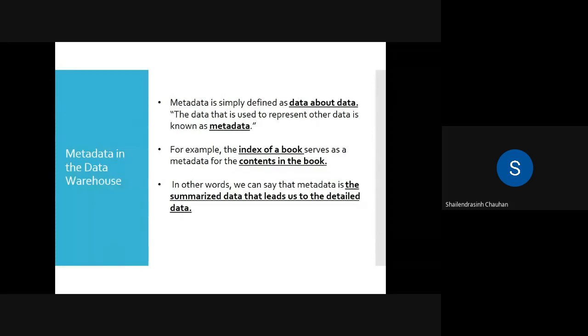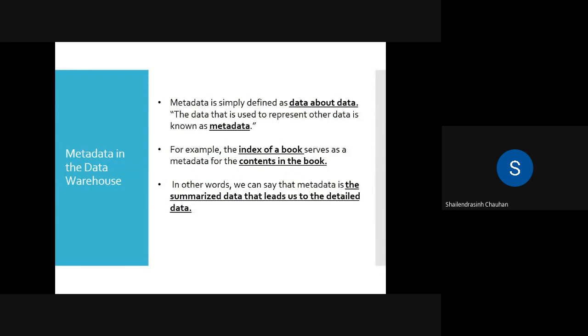Metadata is nothing but summarized data that leads us to the detailed data. It is a kind of summarized data of departments and so on. Whenever we want detailed data of a specific department, we access metadata and are redirected to the detailed data of any department present inside the data warehouse.